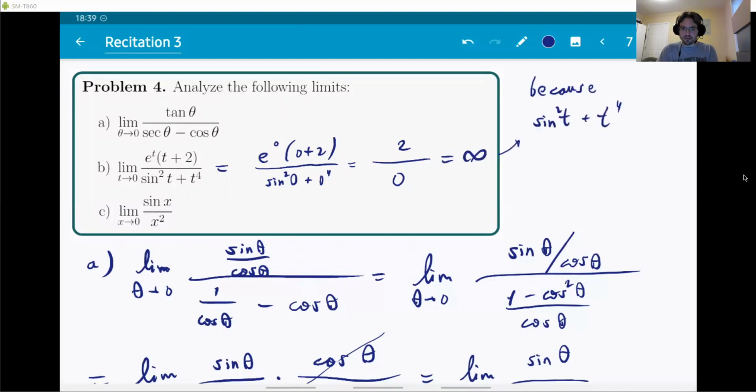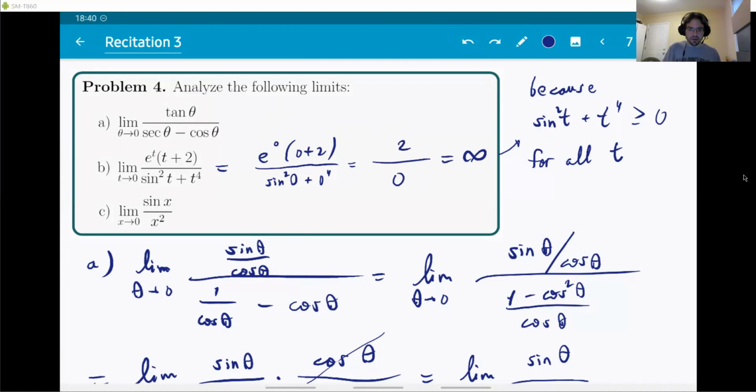Those are always numbers which are larger than or equal to 0 for all t, actually. The square, or even any even power, they're always positive or 0. So that's how we know the sign of the denominator. Don't even need to analyze lateral limits. So that was a very easy example.